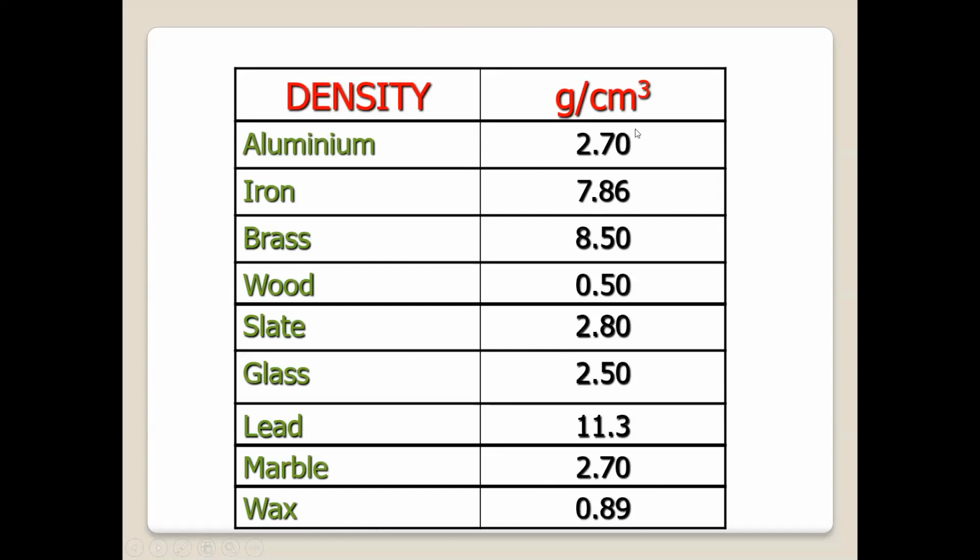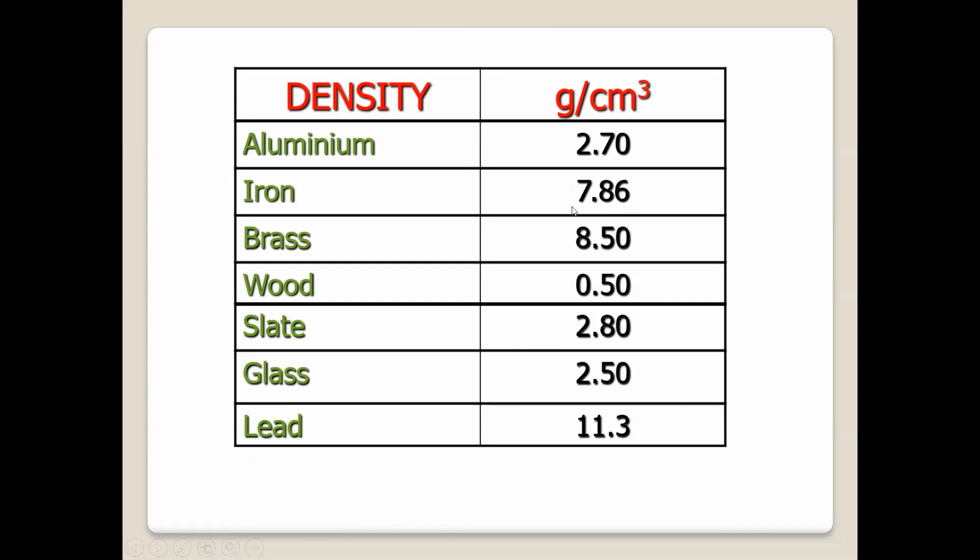These are some standard densities. Aluminum is about 2.7. Iron is about 7.86. Brass, which is a mixture alloy, 8.5. Wood is 0.5. Slate, 2.8. Glass, 2.5. And lead is about 11.3. So using these densities, you can compare and identify whether it is made up of a pure substance or whether it's made up of gold or not.